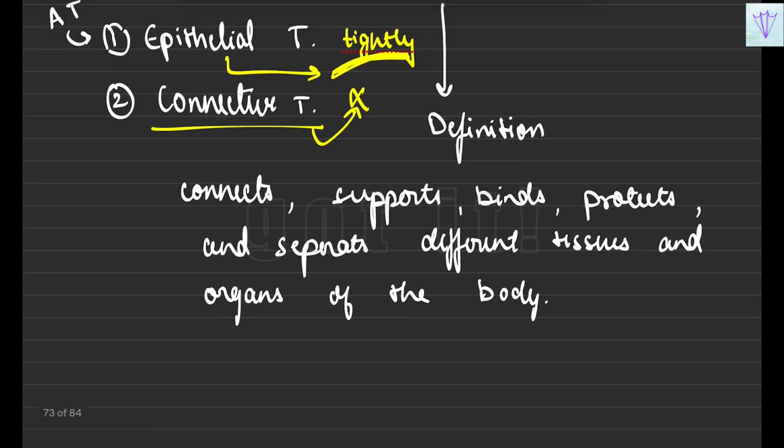Here the cells are scattered far apart, and there will be a large amount of matrix.